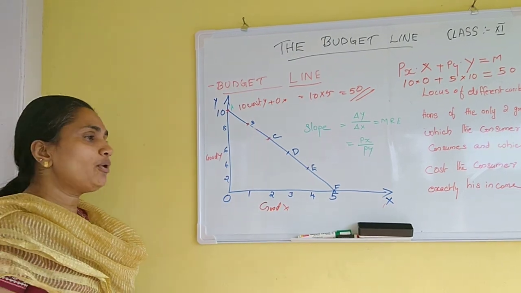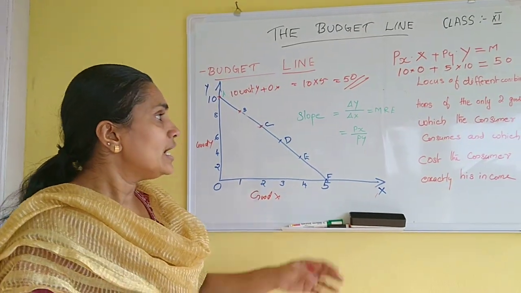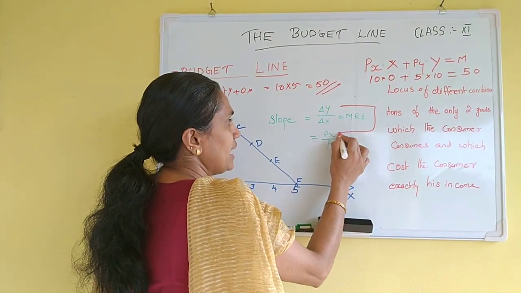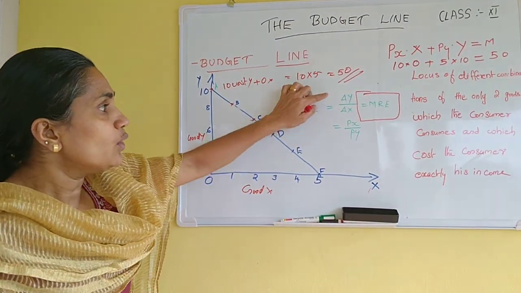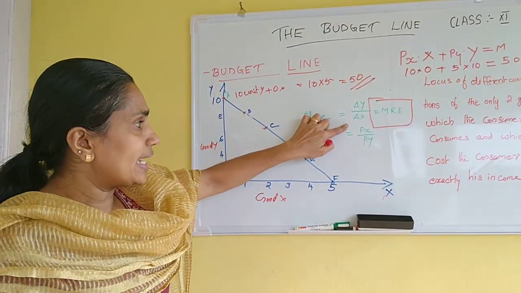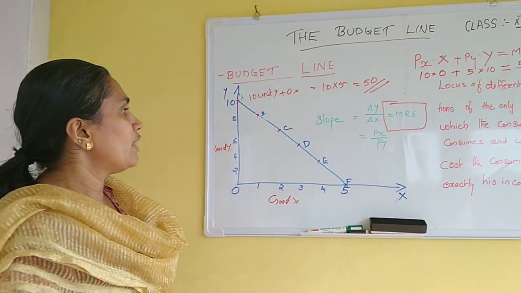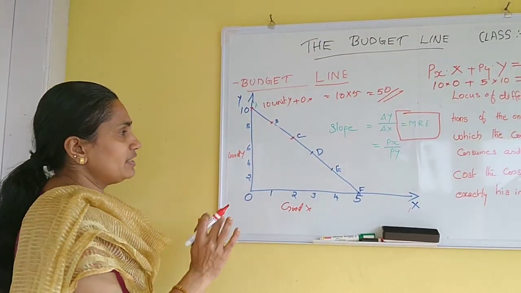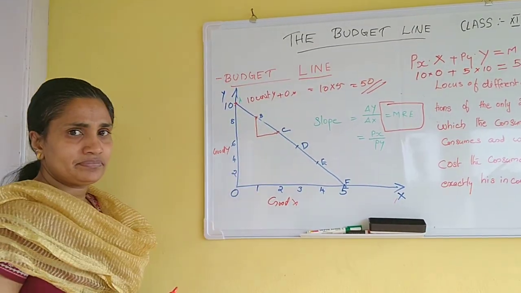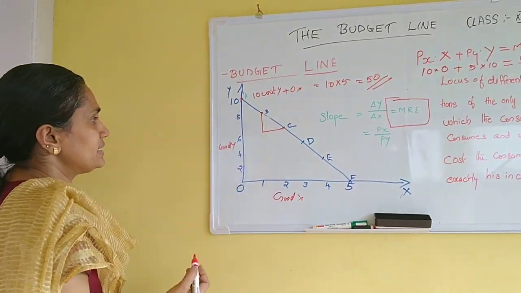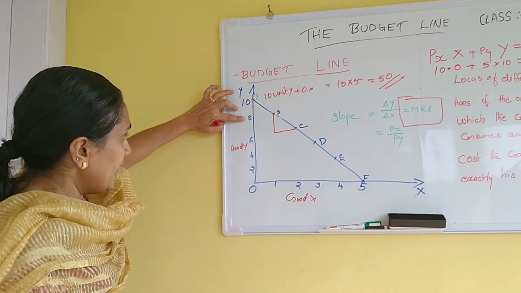When we think about the slope of the budget line or budget set, we studied that it is the marginal rate of exchange, MRE. So the slope is equal to delta Y by delta X, or we can say it is the price of X divided by the price of Y. Suppose we take the combinations B and C. Looking at the difference between B and C, the consumer reduces the purchase of Y from 8 to 6.